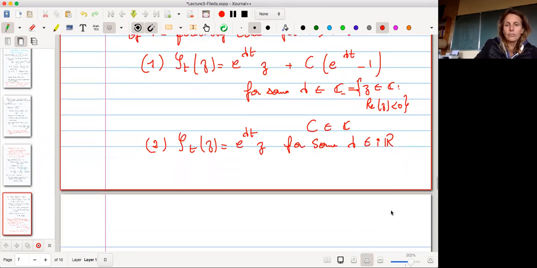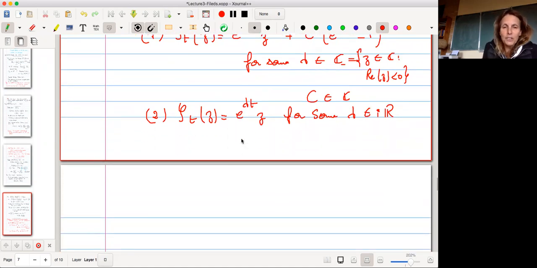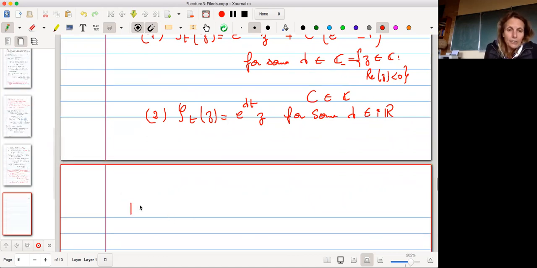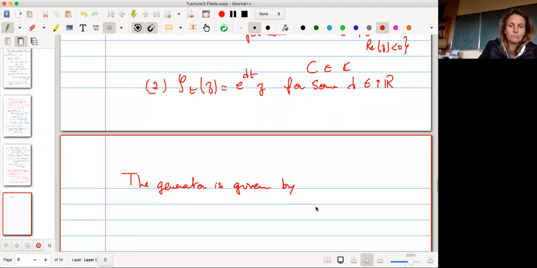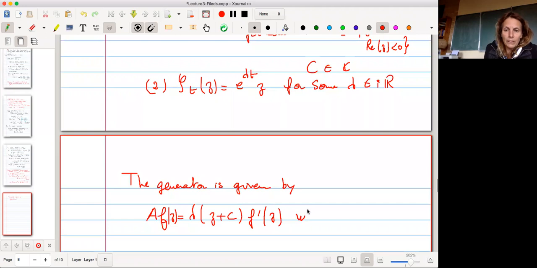Okay, so again it is limited to just a few semi-flows for which we have boundedness of composition operators, and the generator is given by Af equal to lambda z plus c times f prime, where c is equal to 0 in case 2.